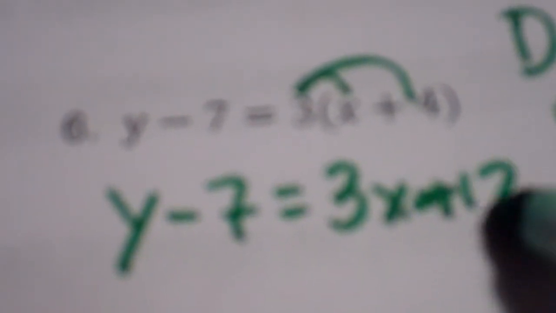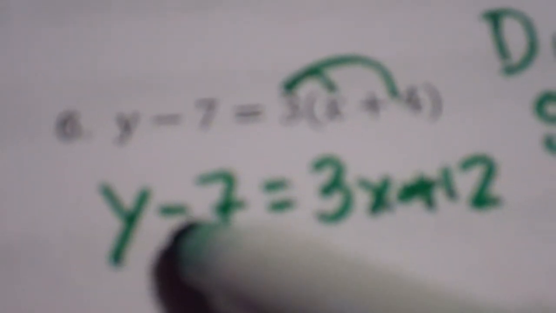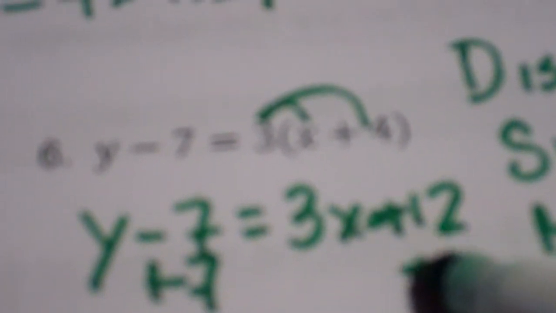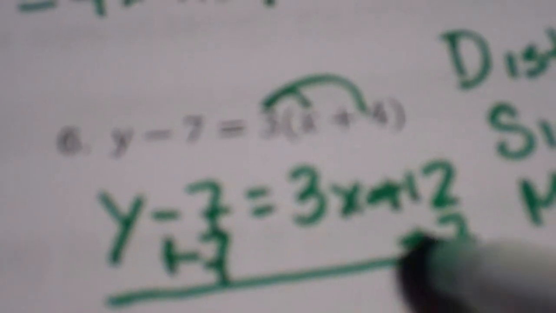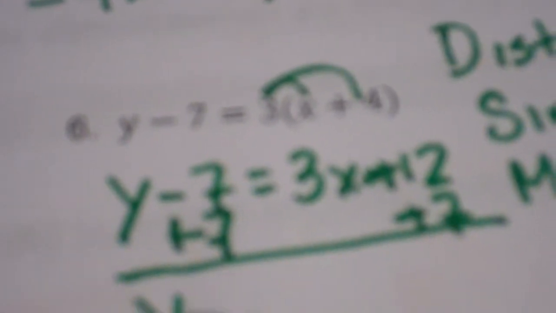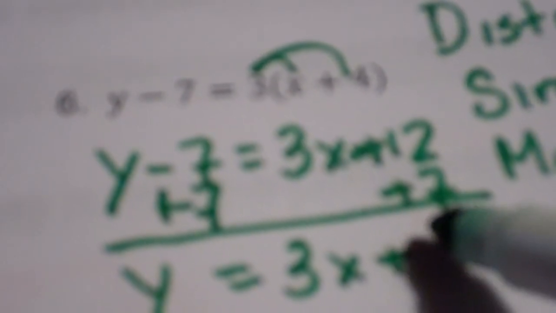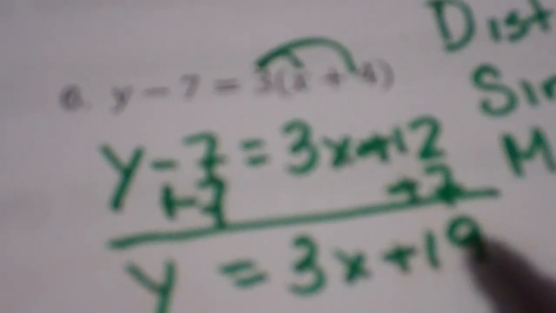First step, distribute. I think we did this once before in the other videos. Next step, simplify. By simplify, I mean you may need to move this over to here. So y equals 3x plus 19.